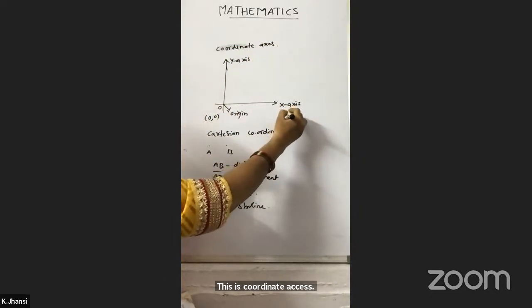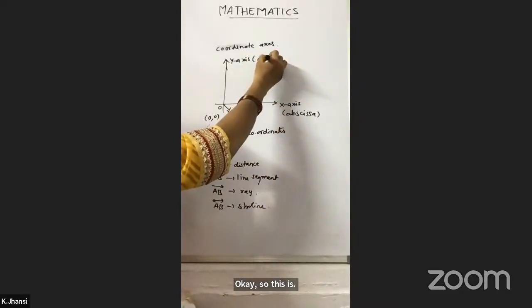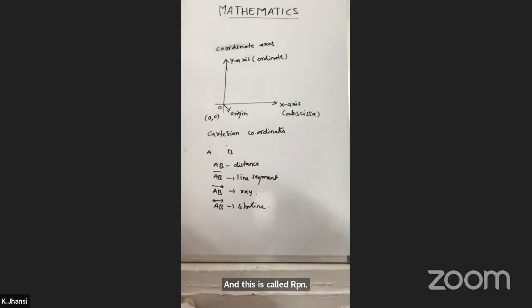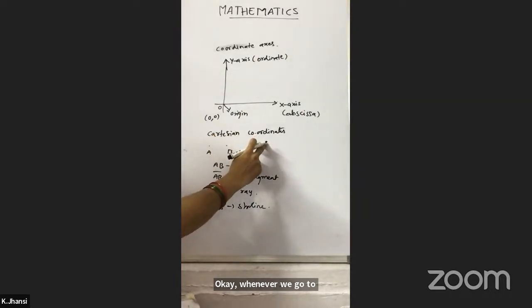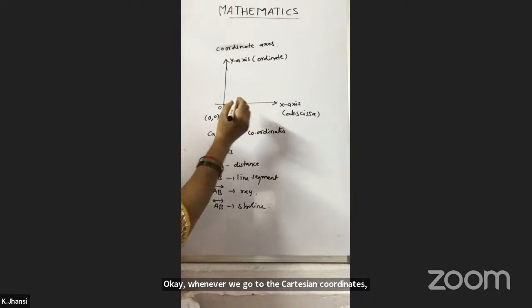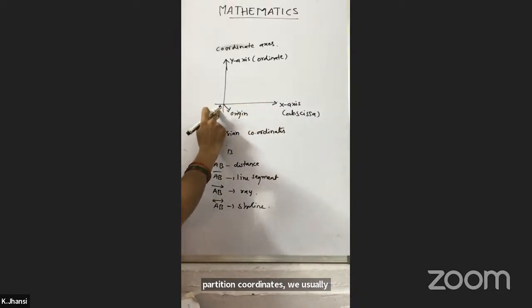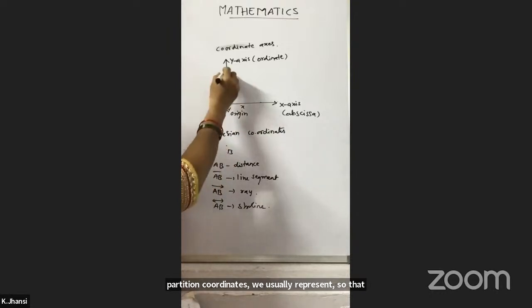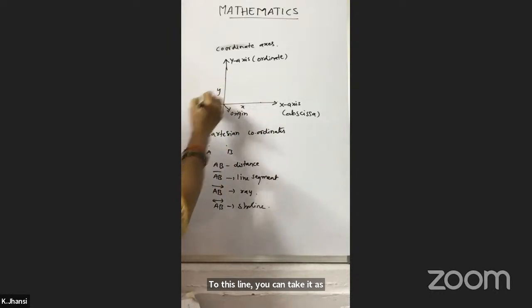Okay, and this is called the ordinate. Whenever we go to the Cartesian coordinates, we usually represent like this. The distance from the origin to this line, you can take it as x, and for any point, this is y.